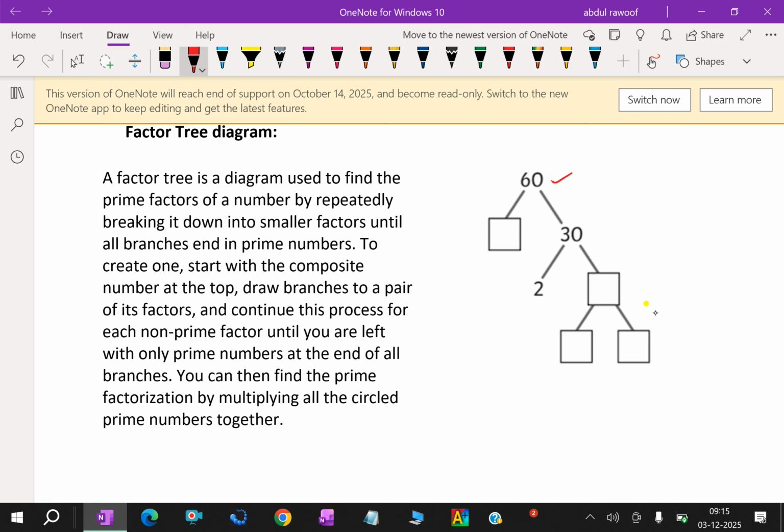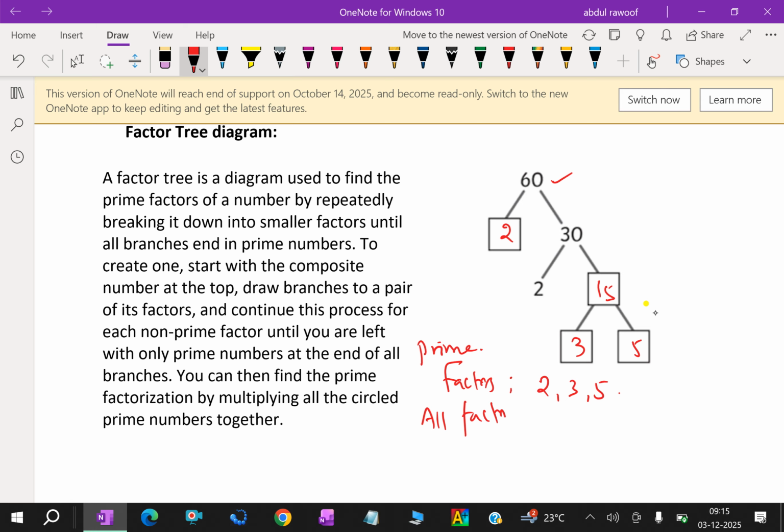So 2 into 30 is 60. 30 split is 2 into 15. Then 15 split is 3 into 5. Therefore, the prime factors are 2, 3, 5.